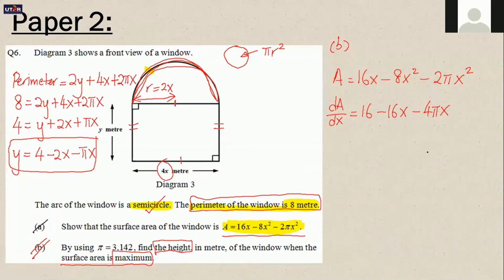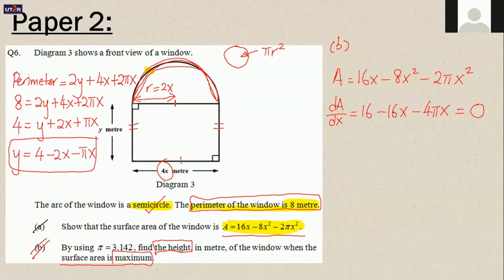The maximum point always comes from the turning point. So how to get the turning point? Let the first derivative equal to 0, because the surface area is maximum. So you need to differentiate the surface area, and let it equal to 0.